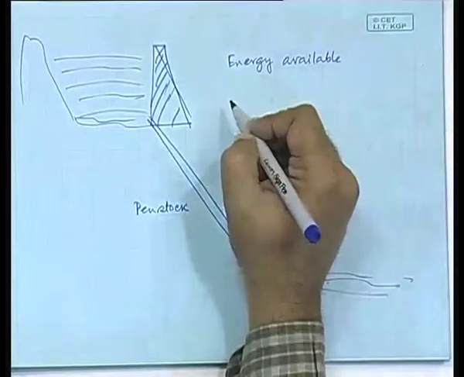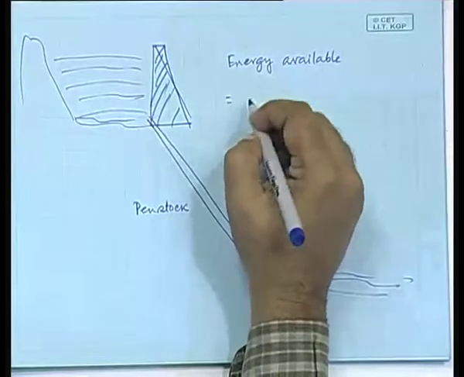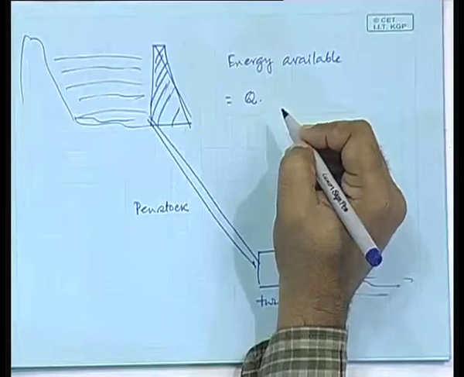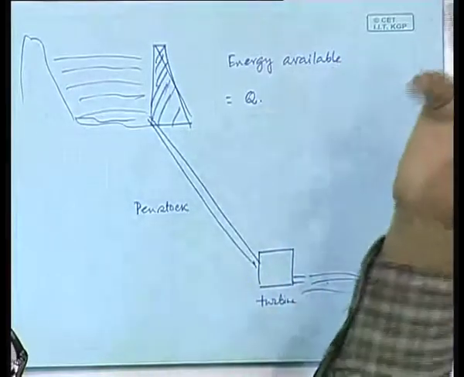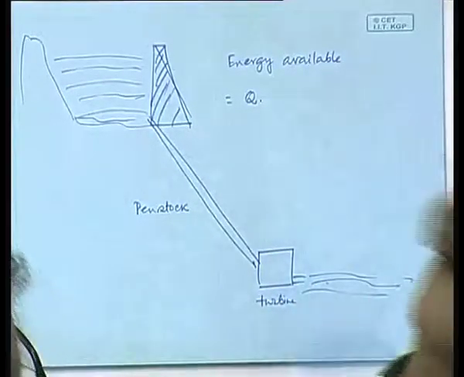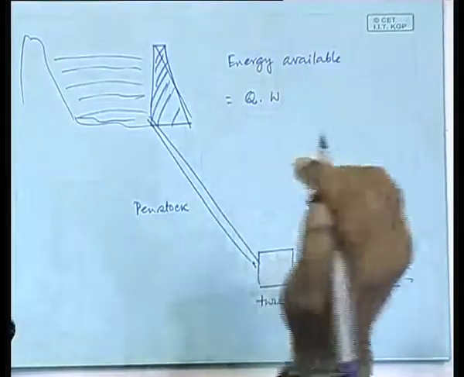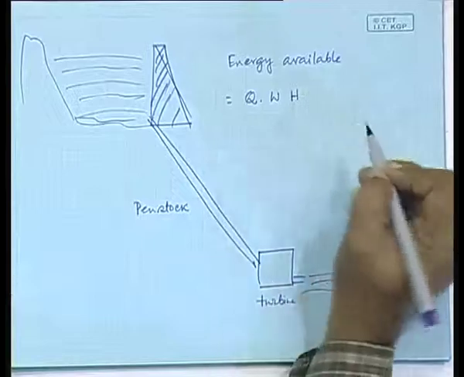The energy available is, as we have seen, Q times the unit weight of water, which was ρg. So, let us call it W, times H, right.